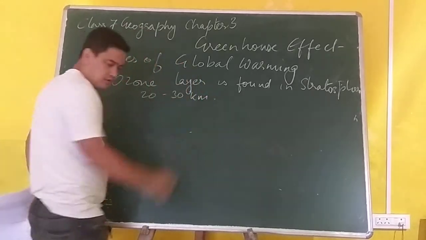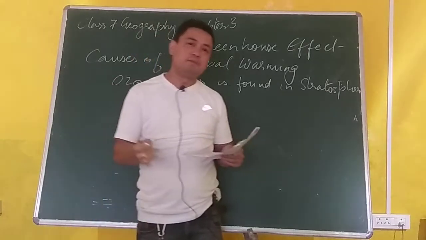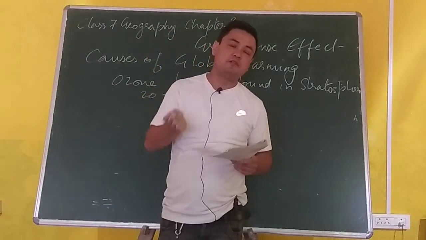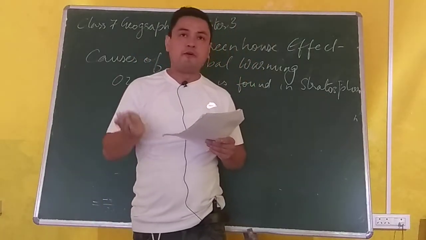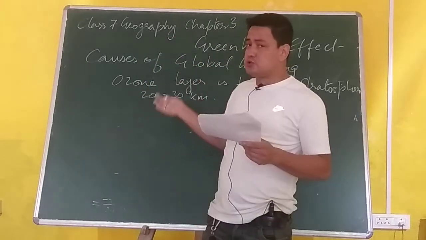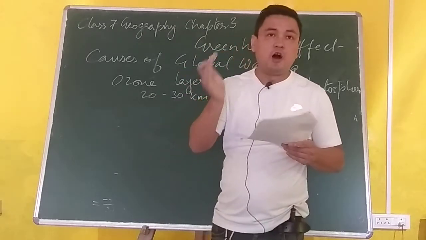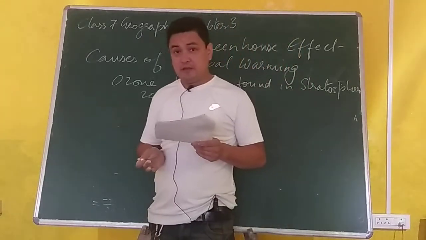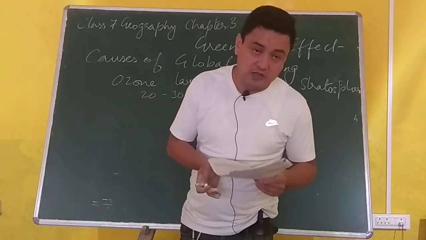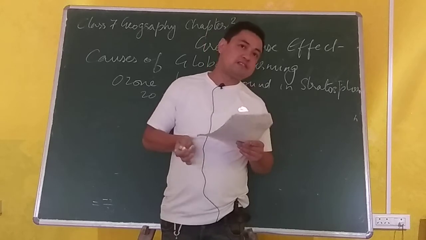Okay, but this ozone gas is basically found from 12 kilometers to 50 kilometers above the Earth's surface also. Okay, and the main function of the ozone layer is to protect our Earth from the harmful ultraviolet rays of the sun. Okay, it balances the environment of the Earth also. So it acts like a blanket which protects our Earth.